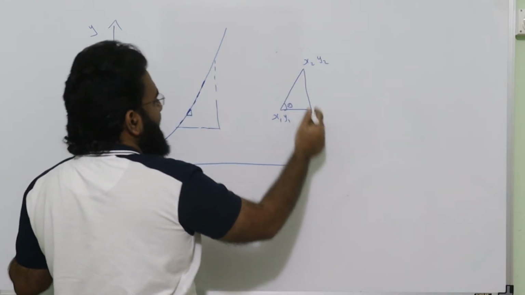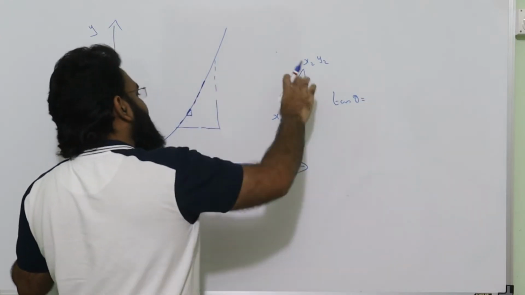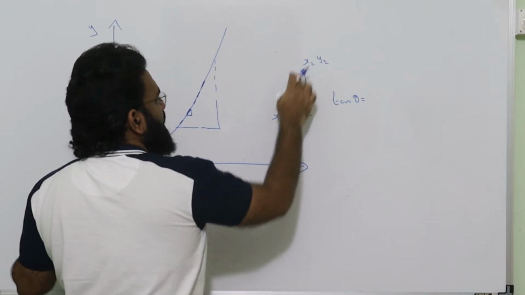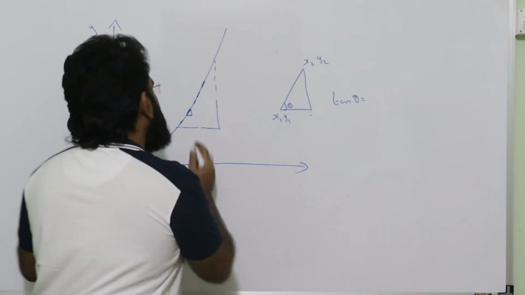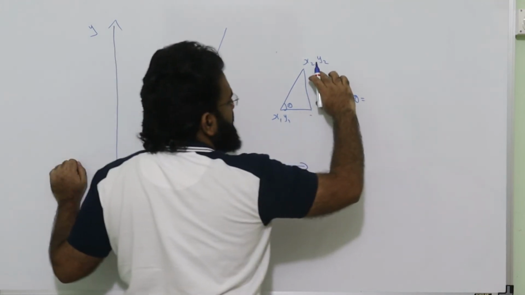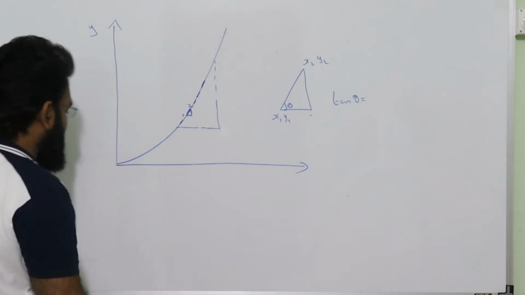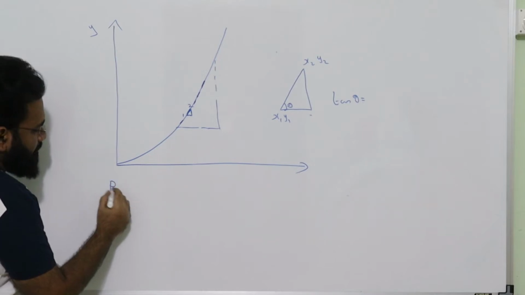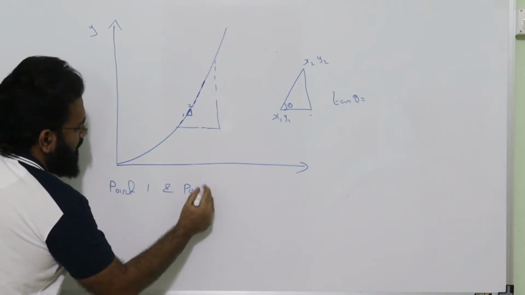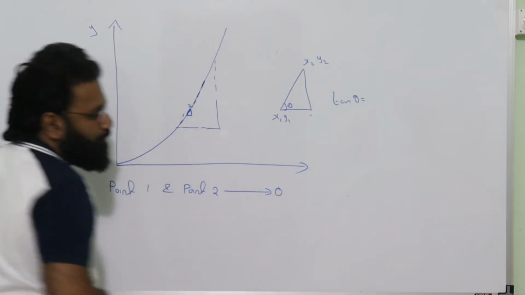Then again tan theta is equal to this distance over this distance, that is, y2 minus y1 over x2 minus x1. The distance between point 1 and point 2 is very close, and we say it tends to 0.